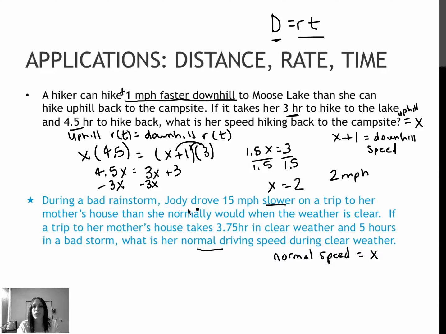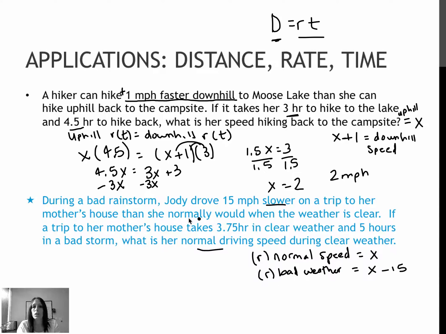And she's driving 15 miles per hour slower when it's bad weather, so the bad weather speed is x minus 15. So her normal speed minus 15 miles per hour. Those are going to be our two rates.